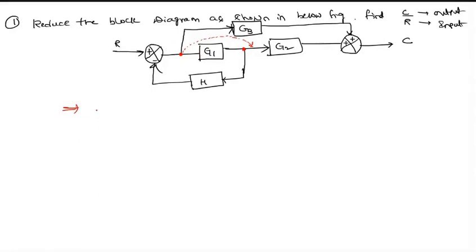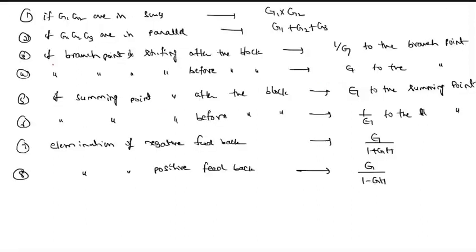So my first step is the branch point is shifting, or moving, after the block G1.